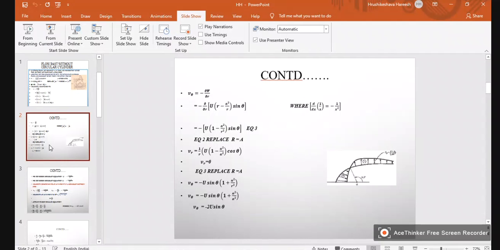What is the physical meaning of V theta? Velocity components are U theta and V theta and V_R.